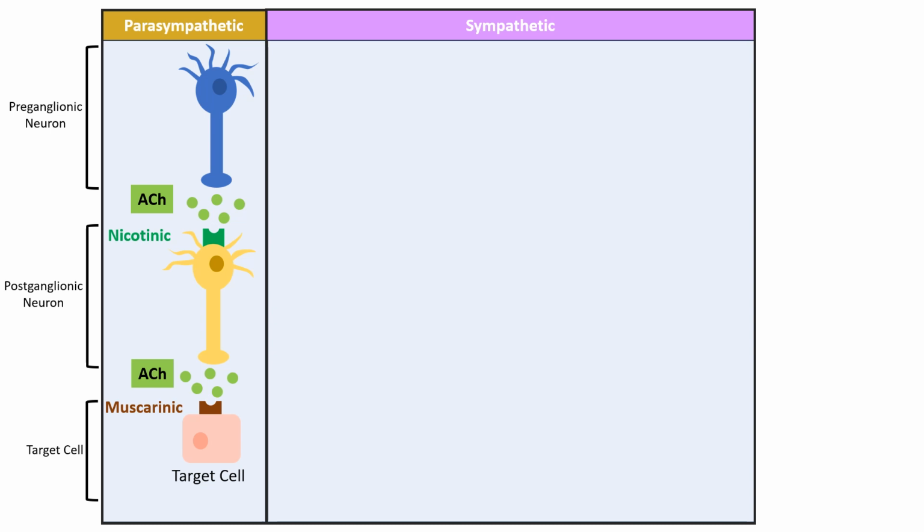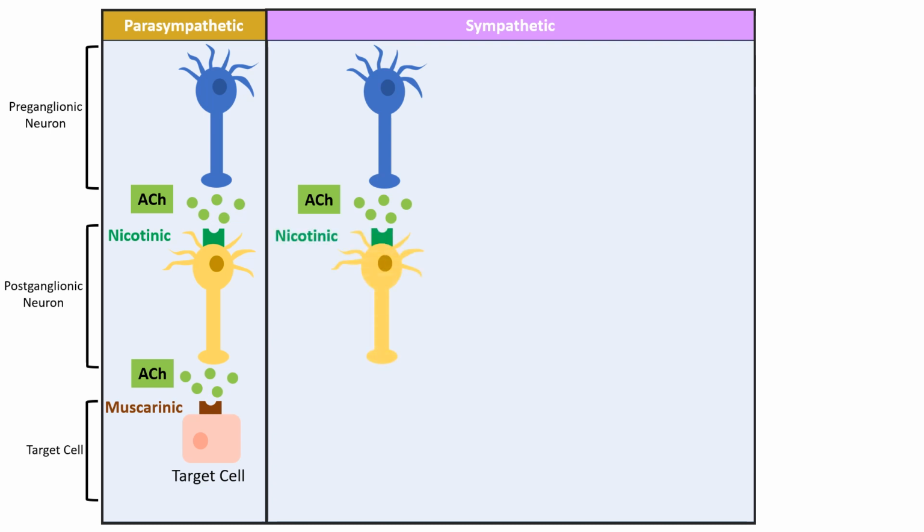In the sympathetic division, this is the part of the autonomic nervous system where we tend to think in terms of fight or flight. So we're going to look at that particular scenario right now. So here is our preganglionic neuron, and it's going to be releasing the neurotransmitter acetylcholine. Our postganglionic neuron will have nicotinic receptors that are going to interact with that acetylcholine. But now we need to ask, what does this postganglionic neuron of the sympathetic nervous system release as far as a neurotransmitter?